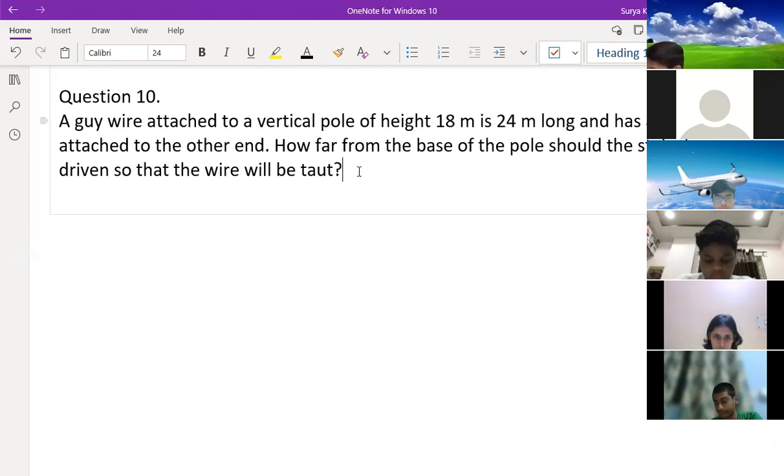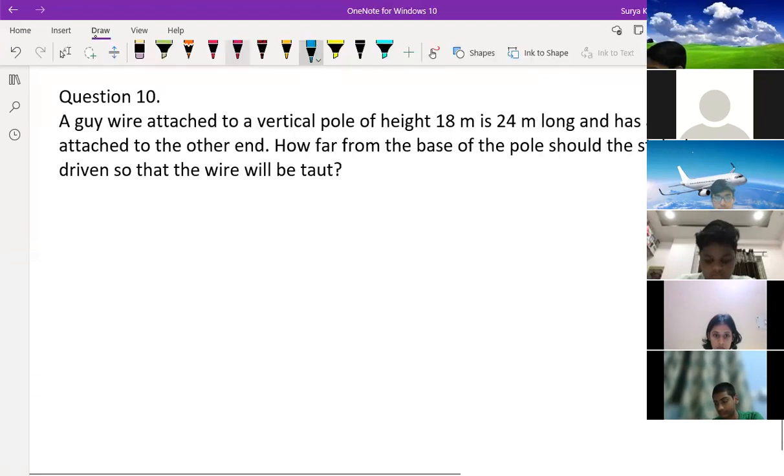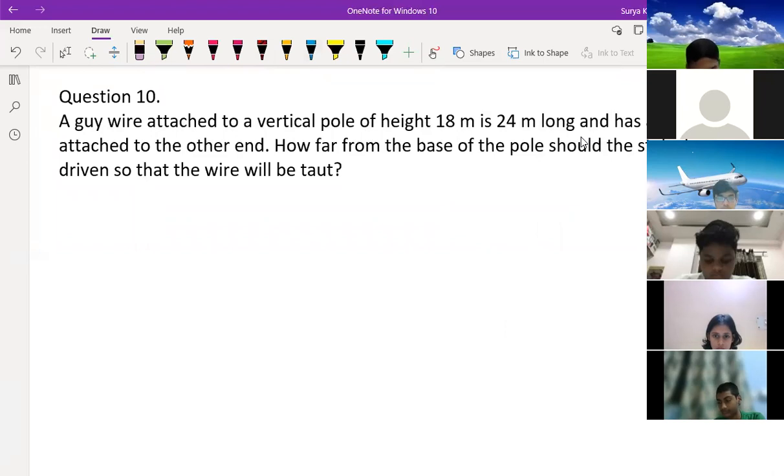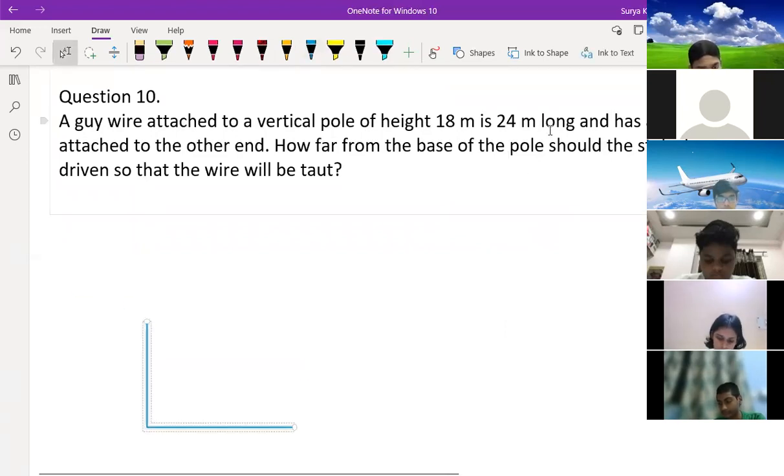So first you draw the diagram. Draw 90-degree triangle over here. If pole and all is coming, it means you just remember height and distance type questions. Okay.